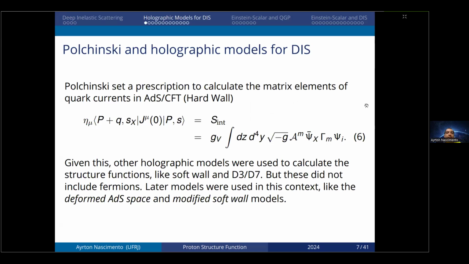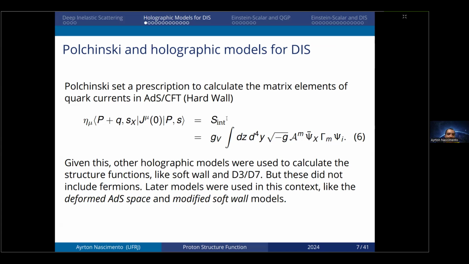So how do we connect this to holography? Polchinski set a prescription for that in 2000, in the first years of the millennium. I have that reference at the end, but Polchinski was the first one to do that for holography. The first model that came up was the hardwall model, and he did that for the hardwall model.